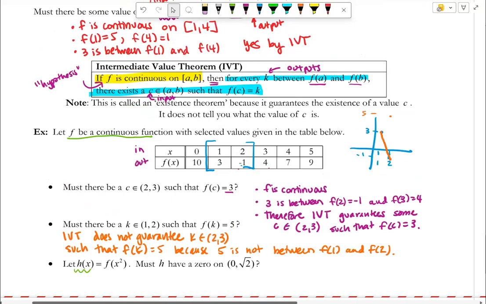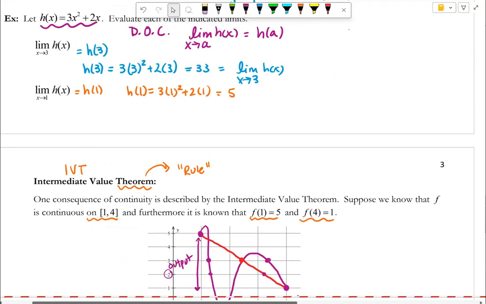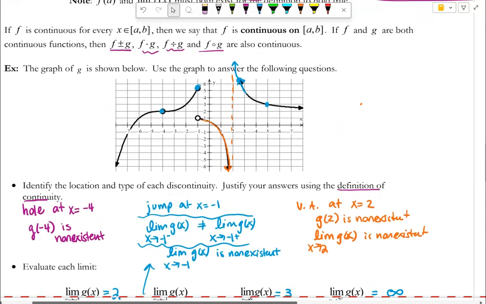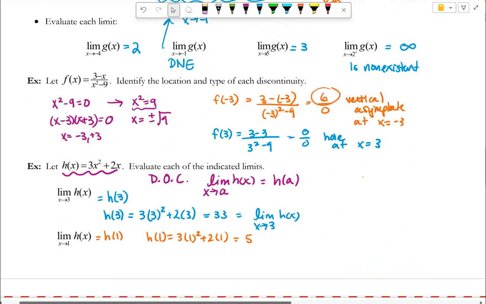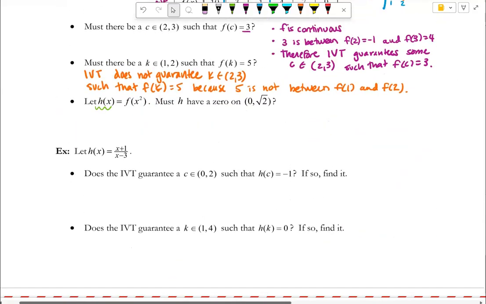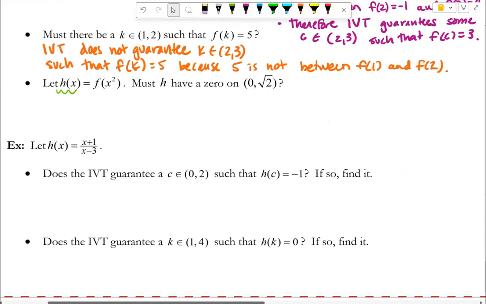So if you go back to page 2, just below that box, there was some information that if f is continuous and g is continuous, then all of these things have to be true, like f plus g or f composed with g. So as I'm looking at this function h, it's a composition function. It's the function f composed with x squared. And let's think about what we know. We know that x squared is continuous. We learned that in algebra. So x squared is continuous.